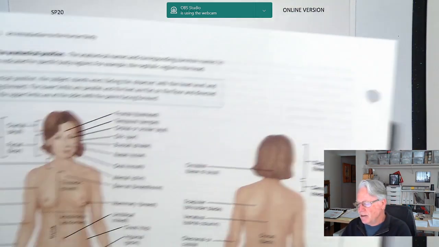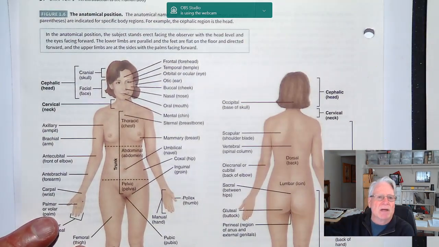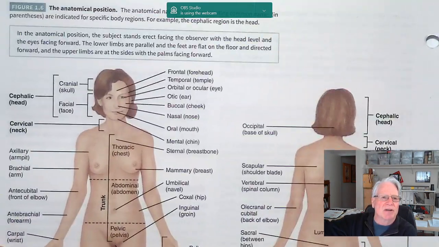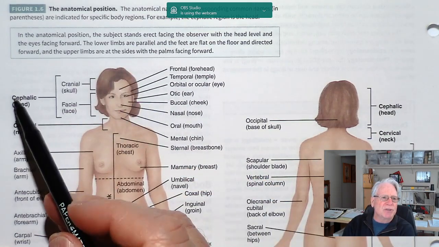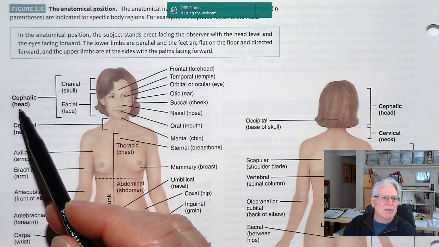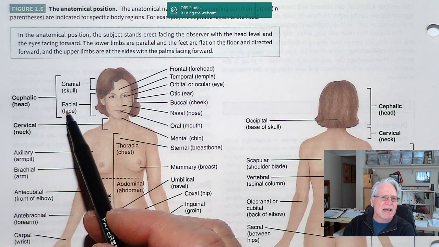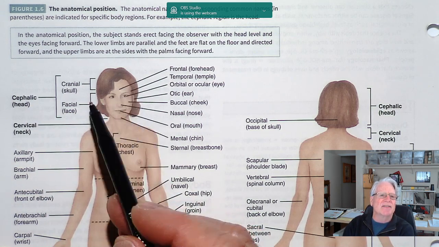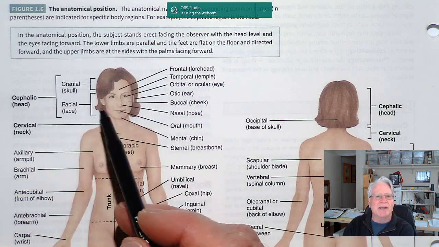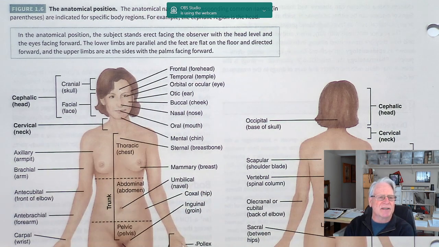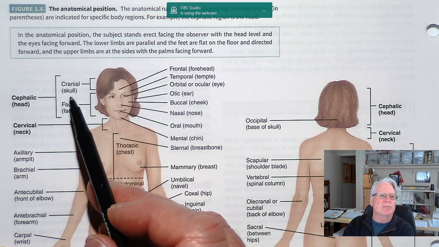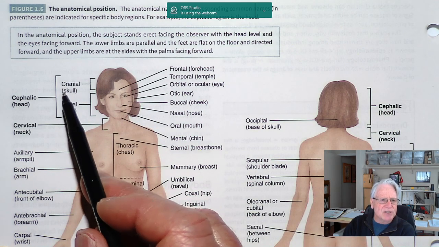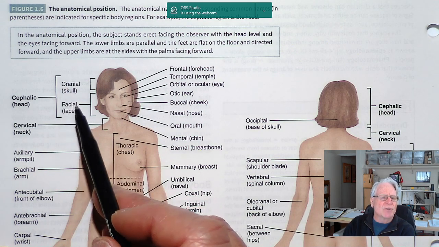So if we look at this drawing here, and we focus in on the upper part of the body. First of all, we'll talk about the head. The head or cephalic region includes everything that sits on the neck. That's the entire round object that sits on the neck. And that entire round object is divided into two major parts: the cranial or skull and the face or facial.